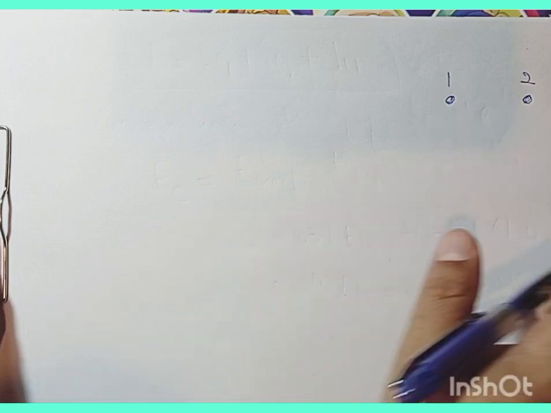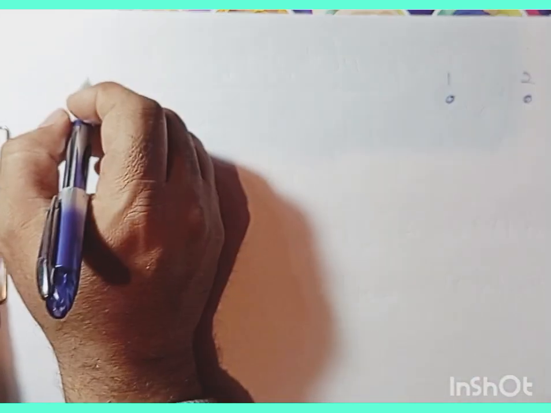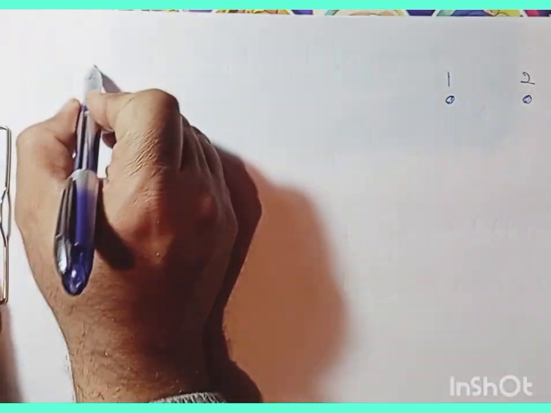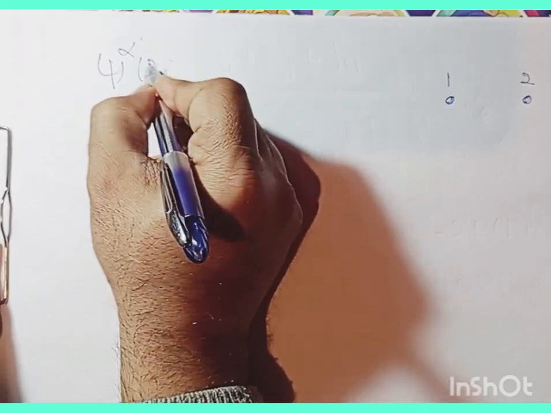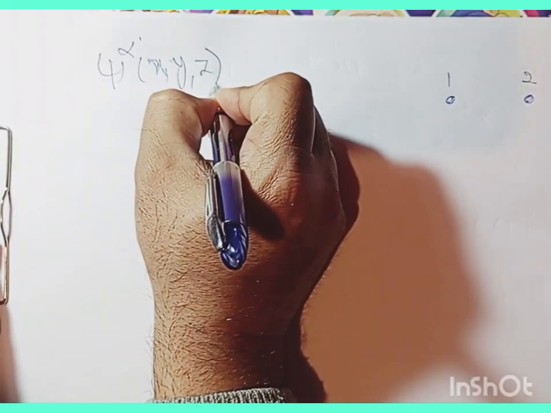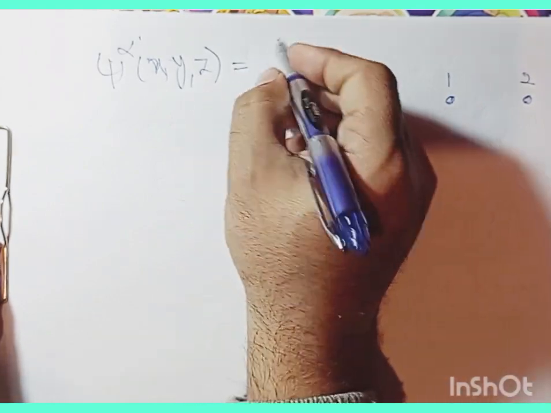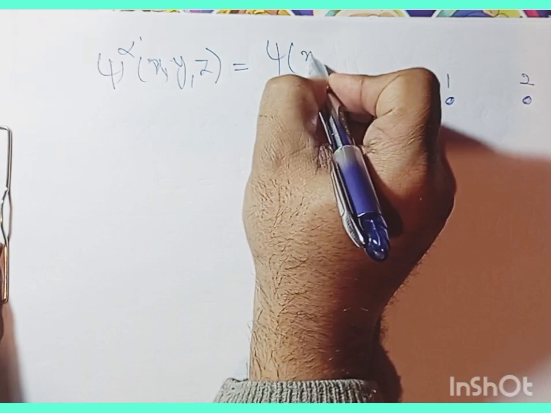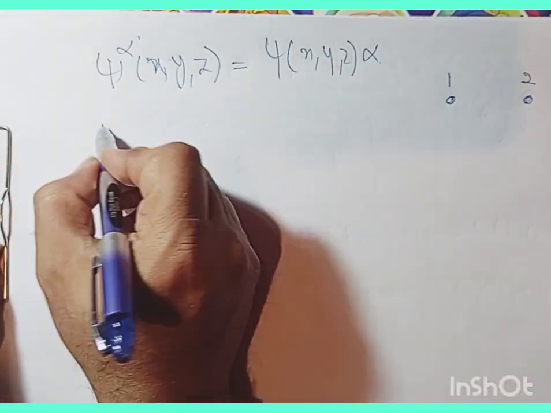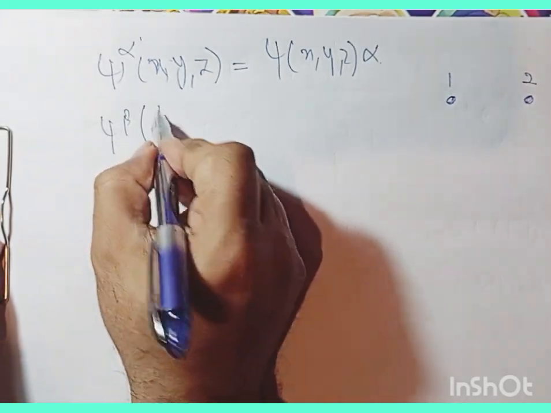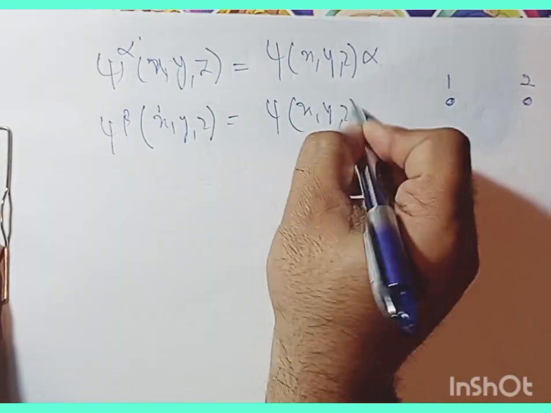Now, if I start with some labels that will be used to distinguish the electron's spin state, say psi of alpha is psi of x, y, z, alpha, and psi of beta is psi of x, y, z, beta.